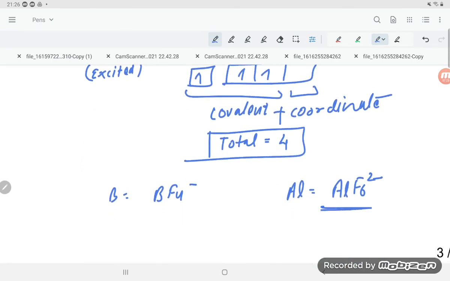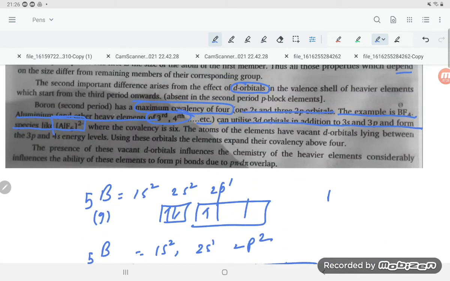So you see this is extending the valency up to 6, whereas boron has only 4. In this, aluminium's covalency is 6.